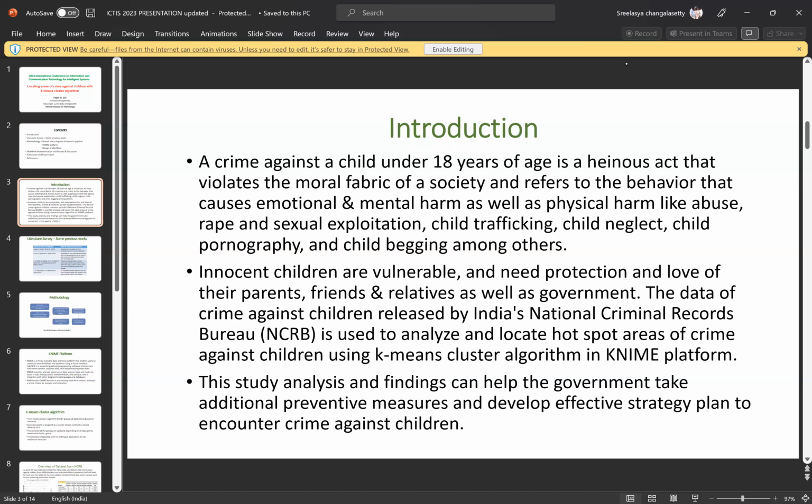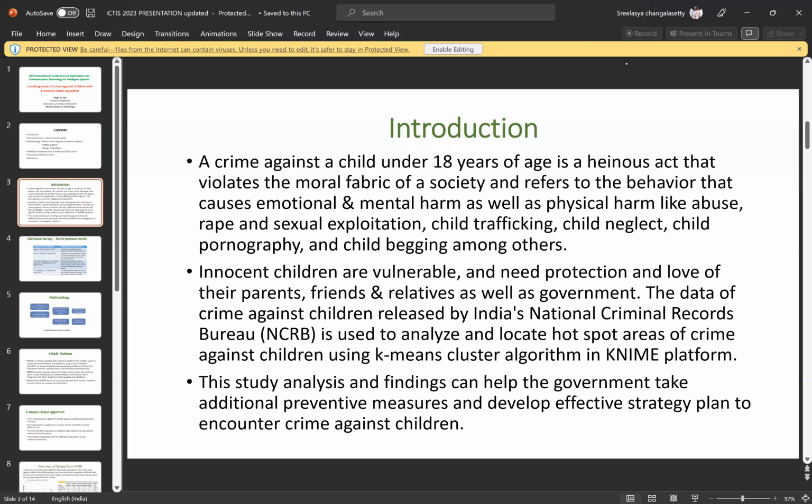So coming to the introduction, crime against children is a crime committed against any individual who is under the age of 18 years old. It can include sex trafficking of minors, child pornography, neglect, exploitation, and many more.